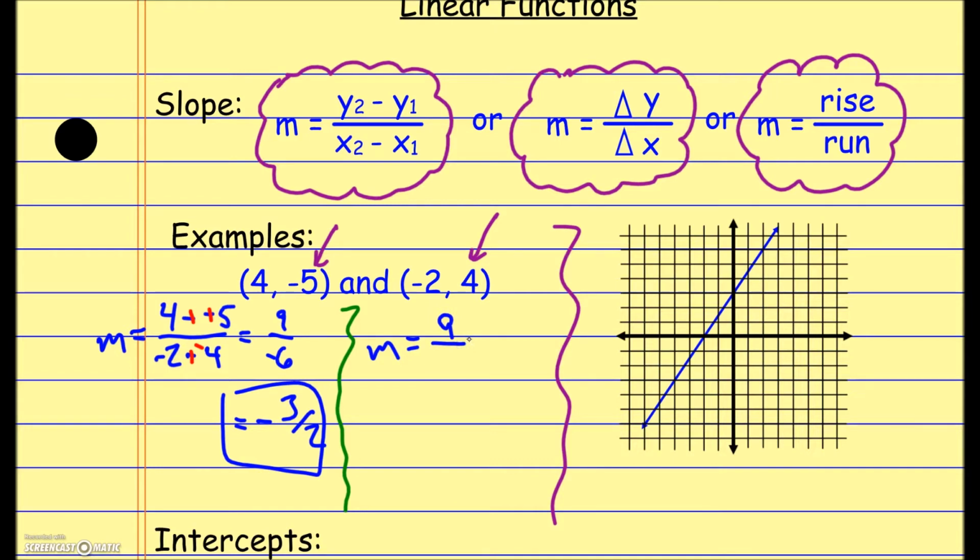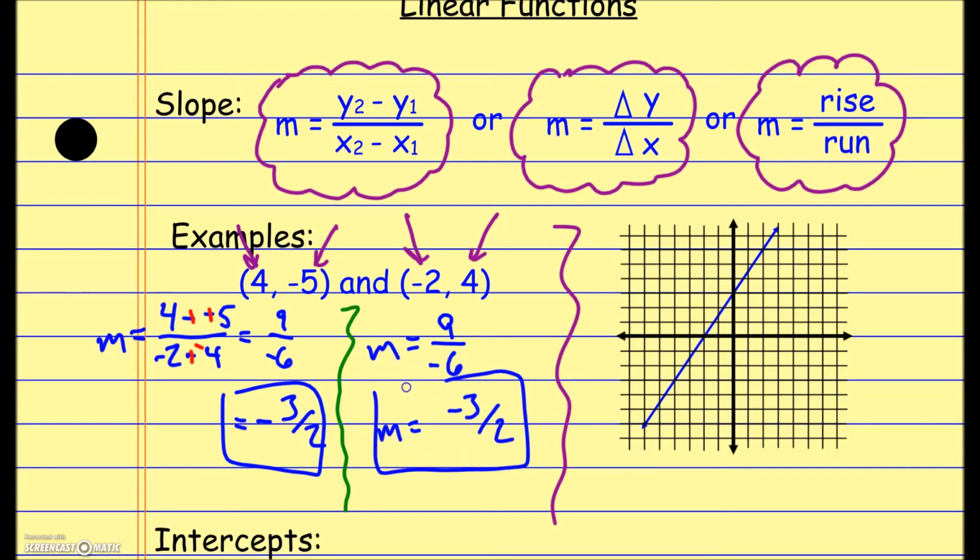Okay? And then I do the same thing with the x. If I look at these x values, it was a 4, now it's a negative 2. My x value has decreased, and it's decreased by 6, so I put down a negative 6 for how x has changed. And now once again I simplify, so I find out that my slope is still a negative 3 halves. So those are the 2 ways to really look at this example.